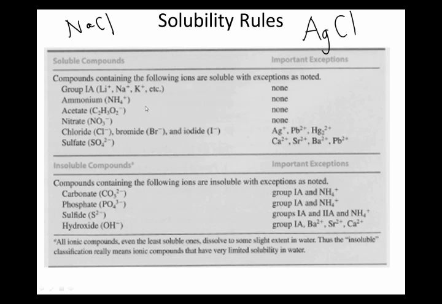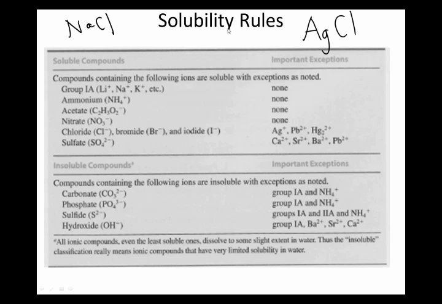Chloride tends to be soluble, but silver is an important exception for it. Now, the way you read this, don't think that these are exceptions for all of these. They just directly relate across. So chloride, bromide, and iodide have as exceptions silver, lead-2, not lead-4, but lead-2, and this mercury ion.